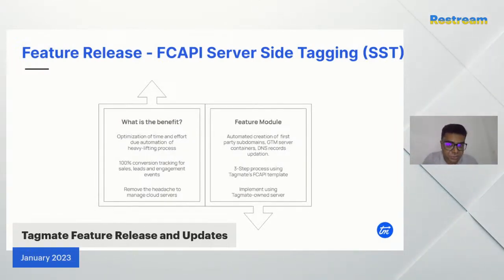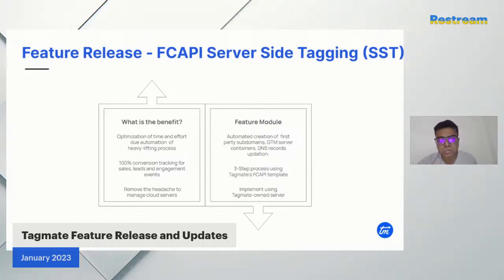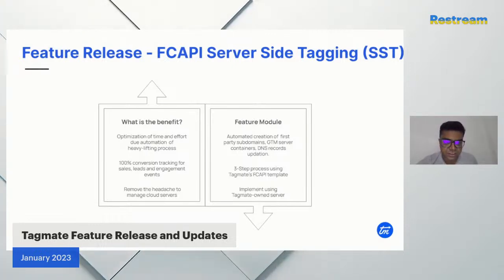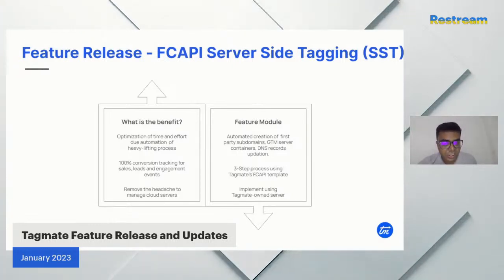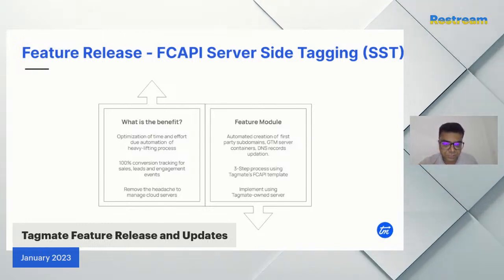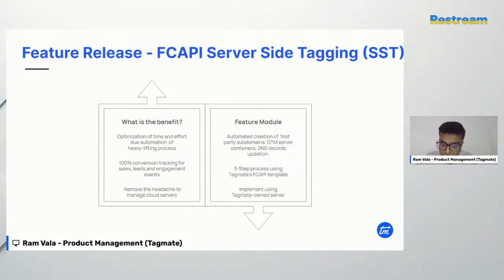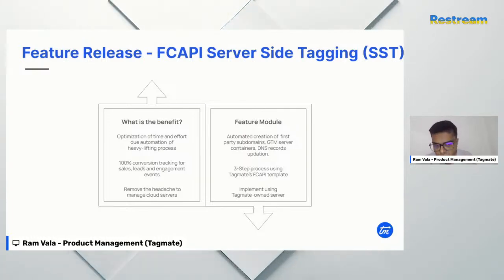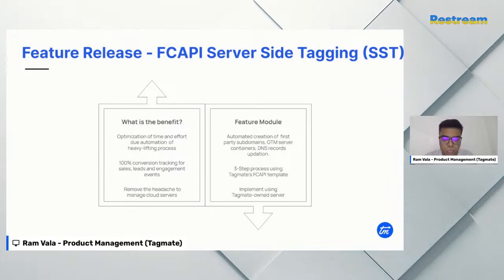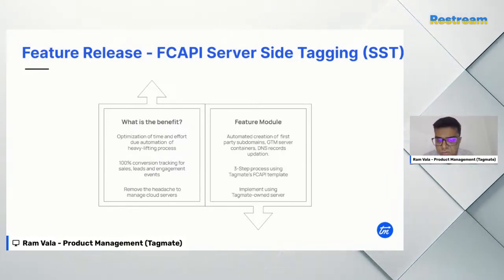That is FPK server-side tagging. With it, you can create first-party subdomains, GTM server containers, and DNS record updates, and all of it is automated. It is a three-step process which is fairly easy, and you can finish it in quick time. Of course, you implement it using Tagmate on server, so you do not need to manage your cloud server.